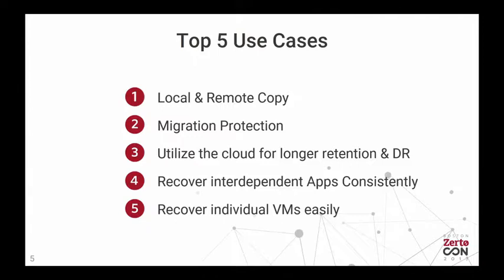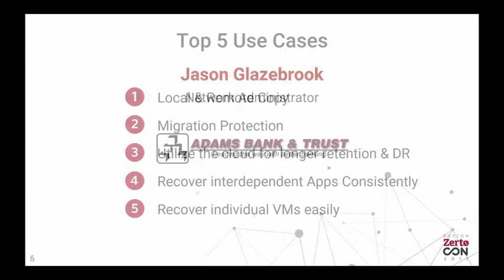And then you can also manage that in conjunction with a more granular or a smaller journal, like a 4-day or even a 1-day journal. We see customers do a 1-day journal on the local copy and a 4-day journal on the remote copy. And we have customers considering now going to the cloud and extending that journal and managing multiple SLAs for what makes sense for them.